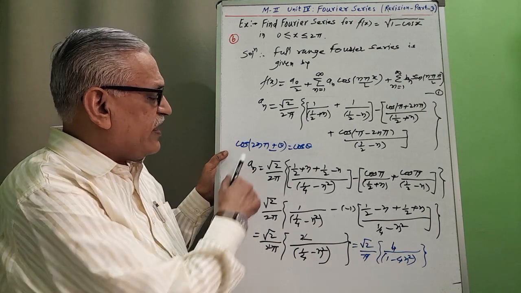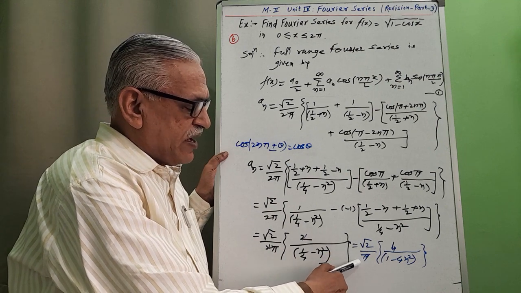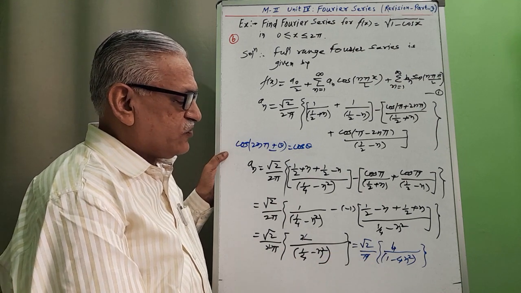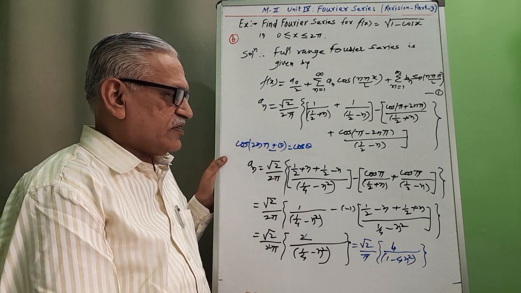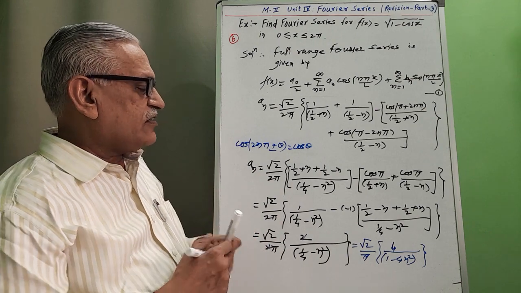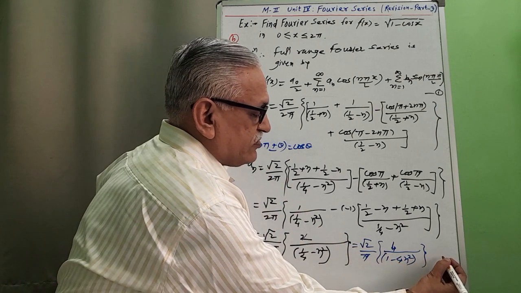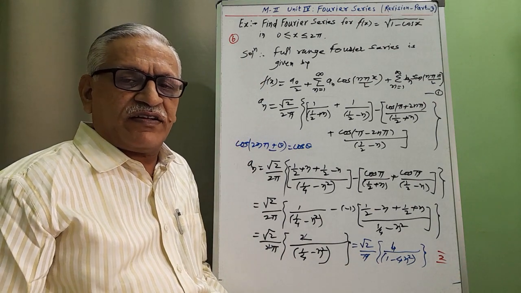Therefore the value of an is 4 square root of 2 divided by π into 1 minus 4n square. If you perform this correctly, and all steps are correct, then you will always get 2 marks for the calculation of an.